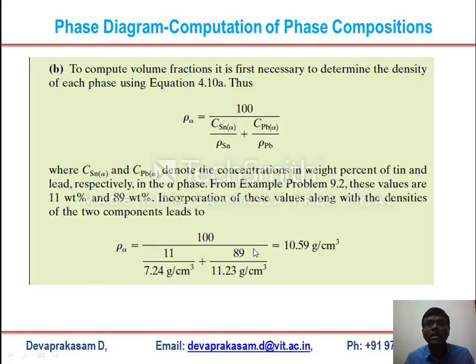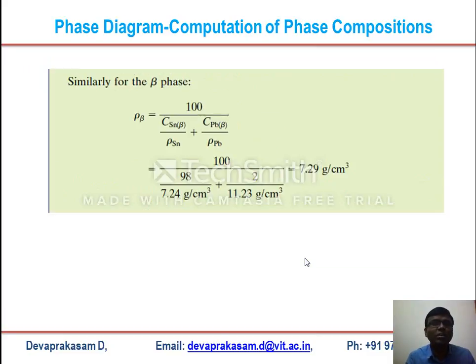So if you look at that, then we know that rho alpha is nothing but 100 divided by 11% tin, 89% lead. If you do that, finally you will get rho alpha, the density, as 10.59 gram per centimeter cube. Similarly, you calculate rho beta, the density of the beta phase.